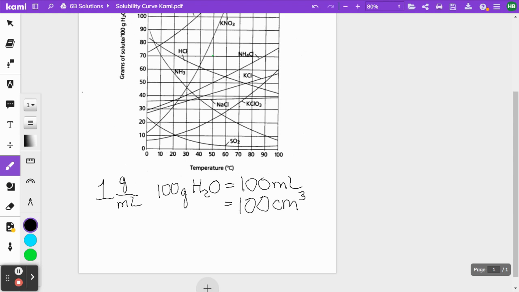You can do it in the English system, but it's super complicated. So I can tell you 1 centimeter cube, or a box that is a centimeter long on each side, contains 1 milliliter of liquid. If I had a box that was a cubic inch, I'd have to divide by 12 3 times. It would be very complicated.